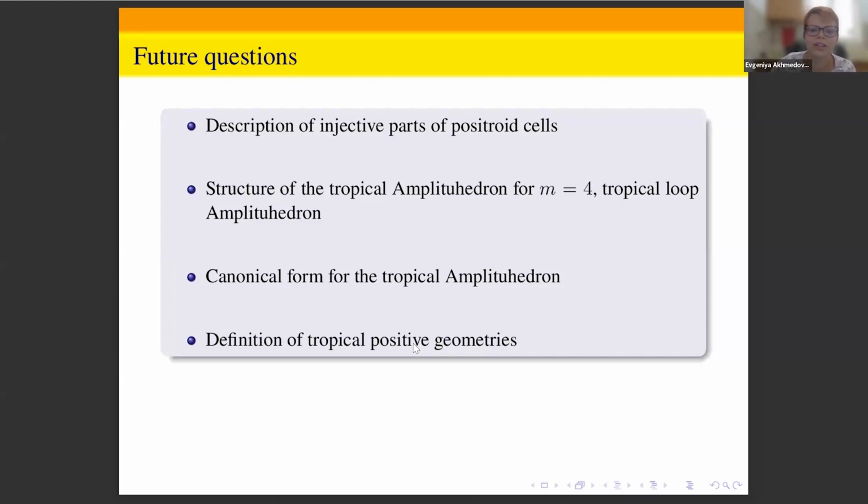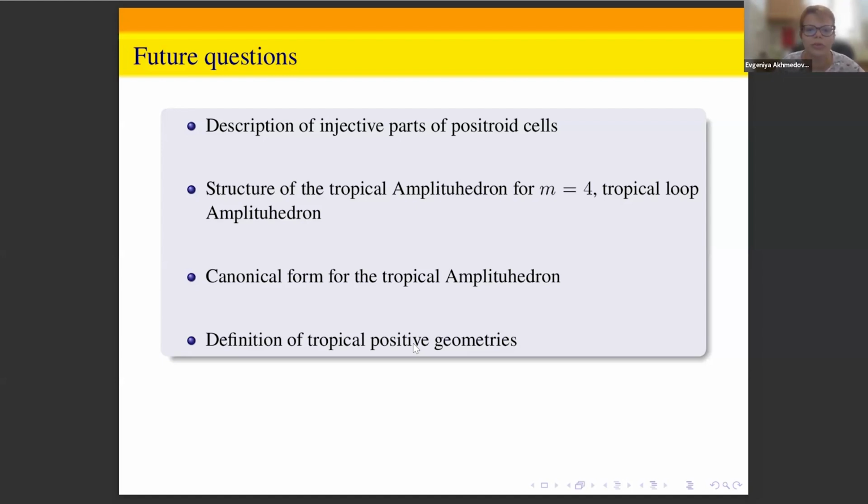Then we have started studying the m=4 case, and it gives some interesting results, for example, for the Formas box, where we have two solutions in the branching locus having different asymptotics.